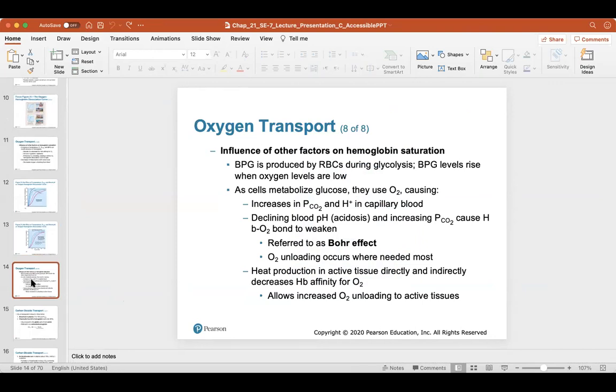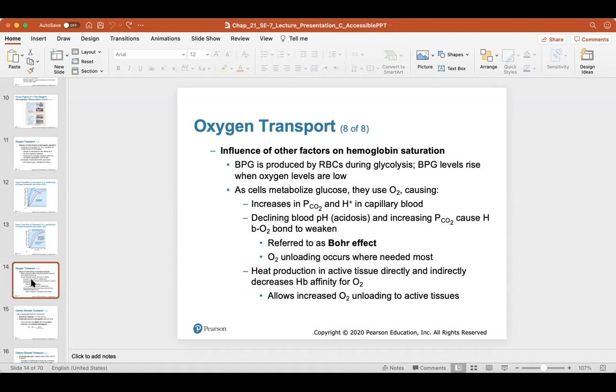BPG is produced by your red blood cells during glycolysis, and BPG levels will rise when oxygen levels are low. So this just means as your cells metabolize glucose, they use oxygen, causing an increase in the pressure of carbon dioxide and H plus in the capillary blood. Declining blood pH or acidosis, and increased levels of carbon dioxide cause the hemoglobin oxygen bond to weaken.